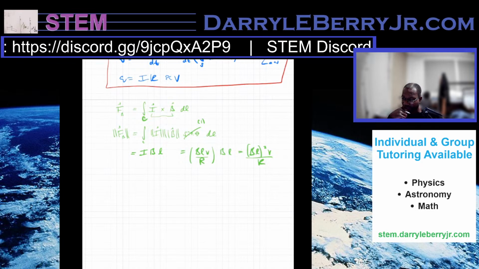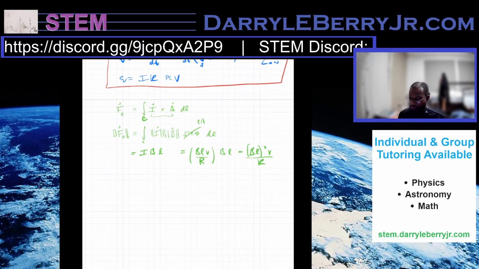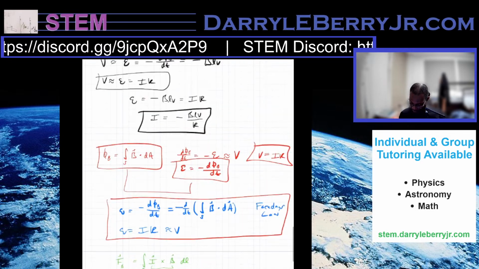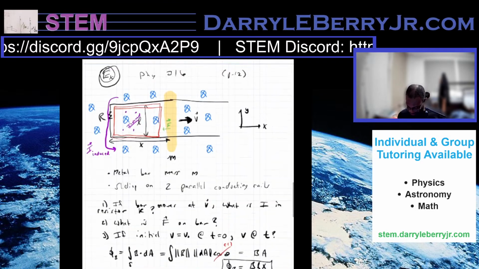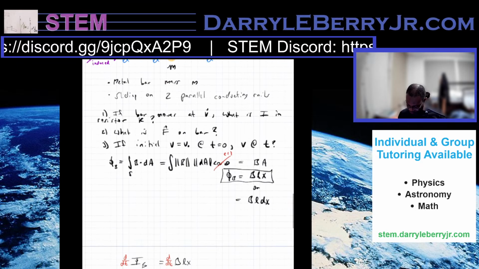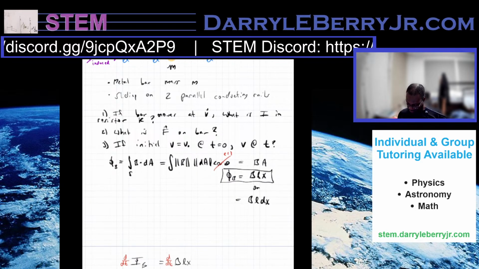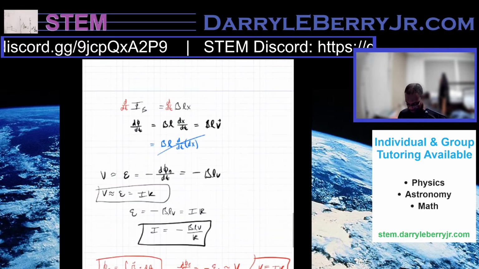Think about that one. And part C says if initial V equals V naught at t naught, what is V at t? Well, it's going to be 0.